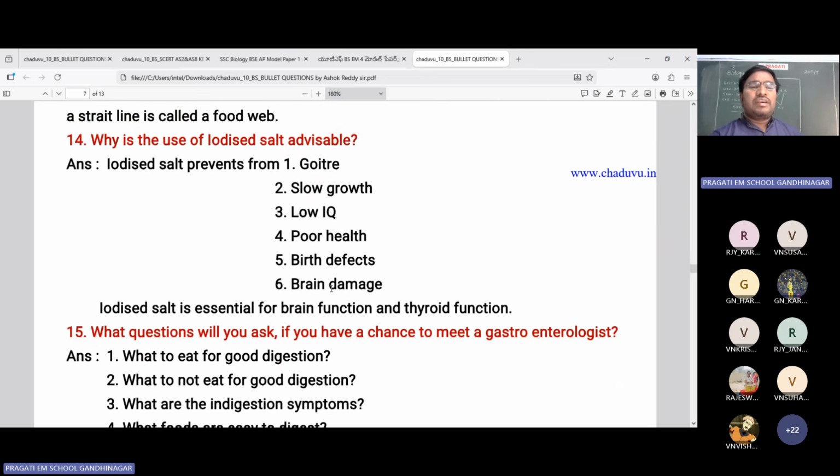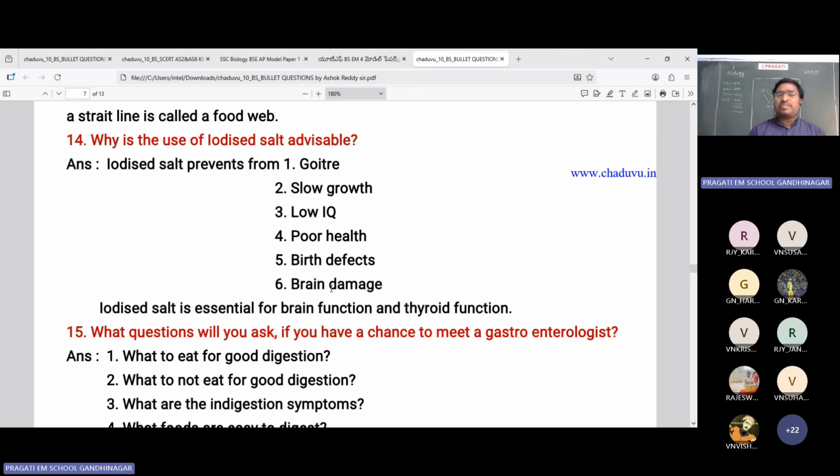Why is the use of iodized salt advisable? In the previous question, if there is a lack of iodine, what diseases are present in goiter patients? Now this question is related to why the use of iodized salt is advisable.